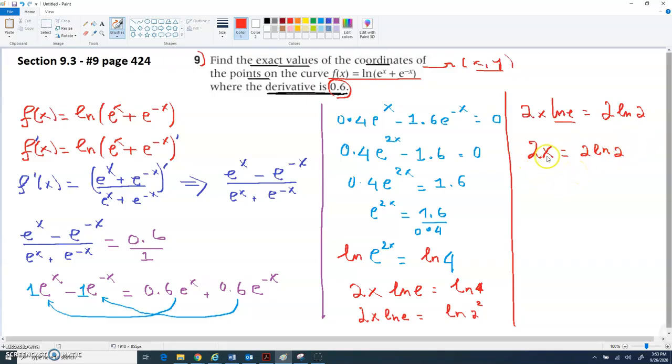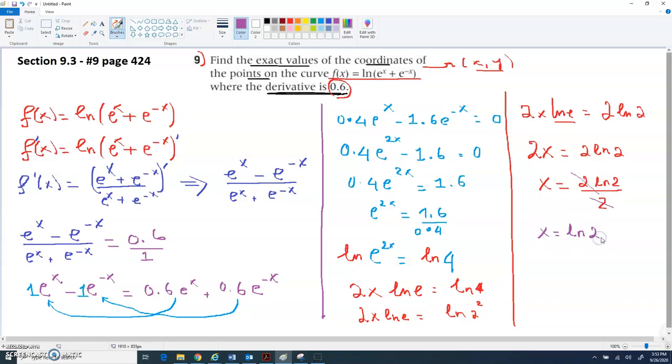So now if I want to get the x by itself, I'm going to take x equal to 2 natural log of 2, and divide that by 2. I can reduce the 2 and the 2, so x is equal to the natural log of 2.